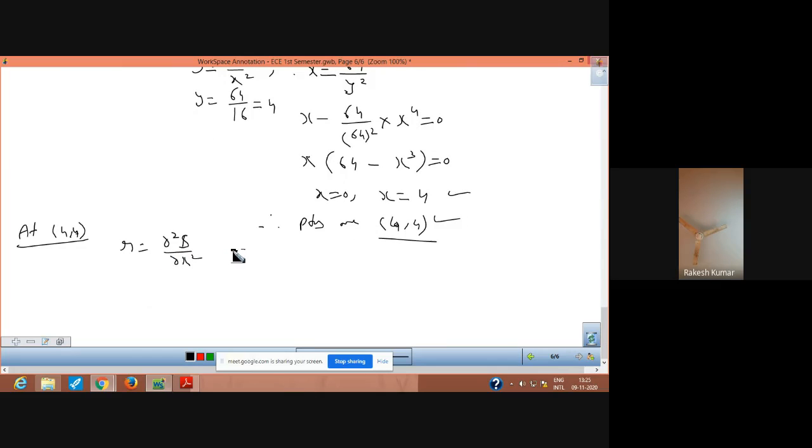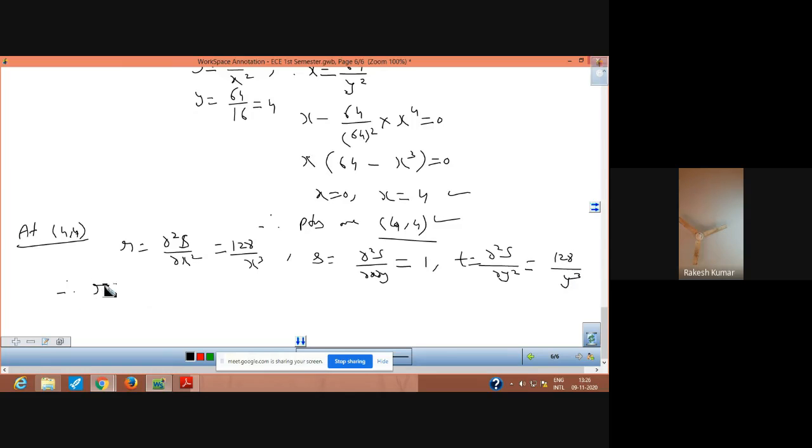So r is there, that is 128 over x cube. s is there, that is del square s by del x del y, that is 1. t is there, del square s by del y square, 128 over y cube.